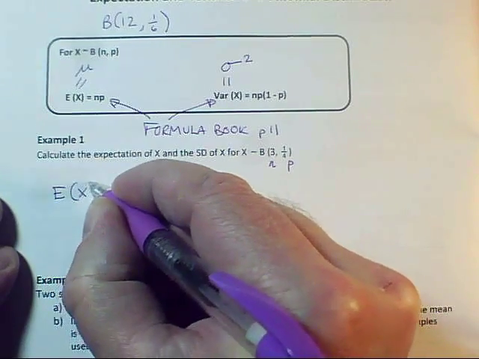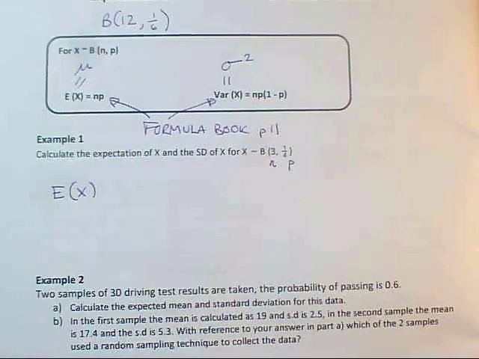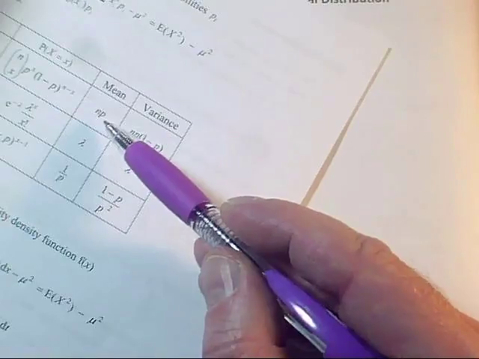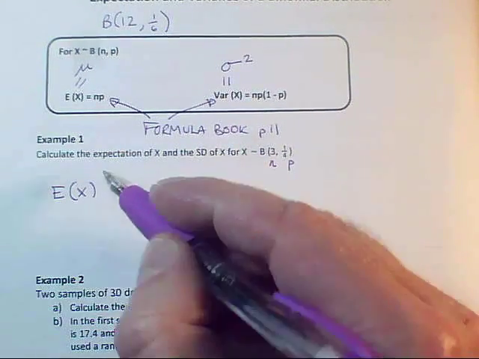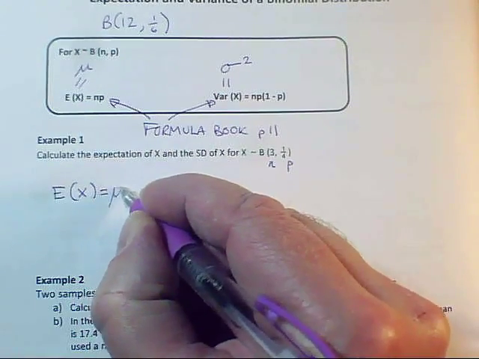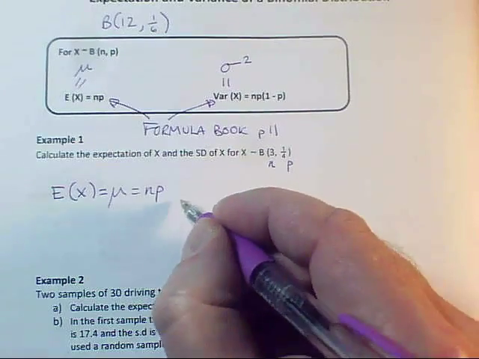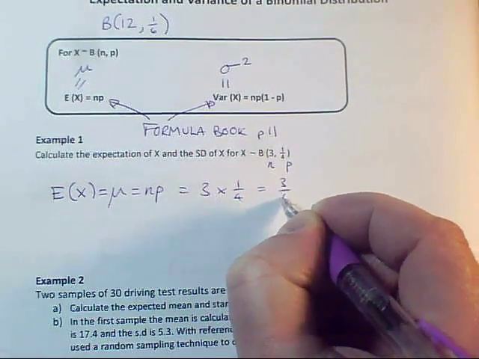Remember in the formula book, it doesn't refer to it as E of x or expectation, it calls it the mean. So we need to decode expectation of x into the mean, which we could also call mu, and use the formula np, which is the easy bit. It's 3 times a quarter, which is 3/4.